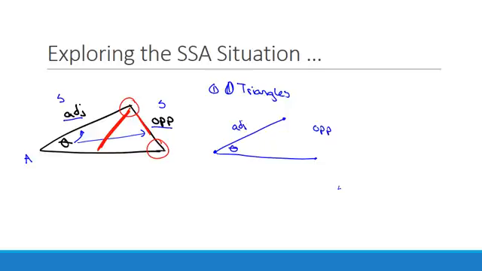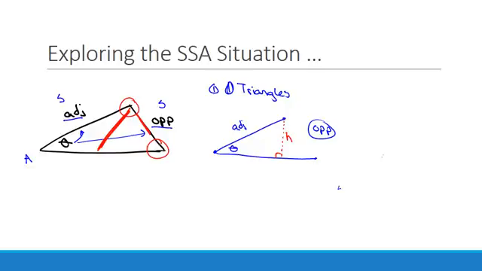So if we wanted to make just one triangle, well, how long would this opposite side have to be? So again, this opposite side over here. Well, if you wanted just one triangle, the shortest that side length could be would actually be this perpendicular distance from that baseline up to that top, which is also referred to as the height. So that is the shortest that your opposite side can be.